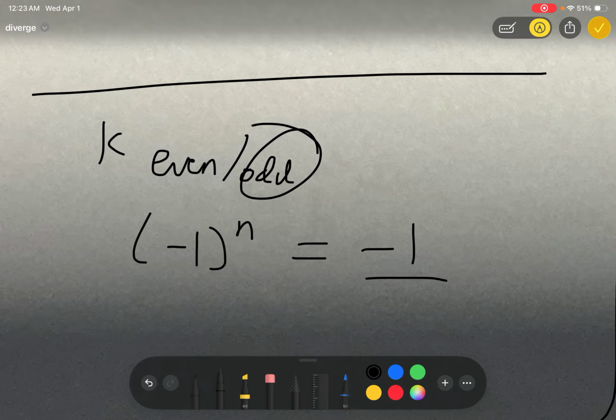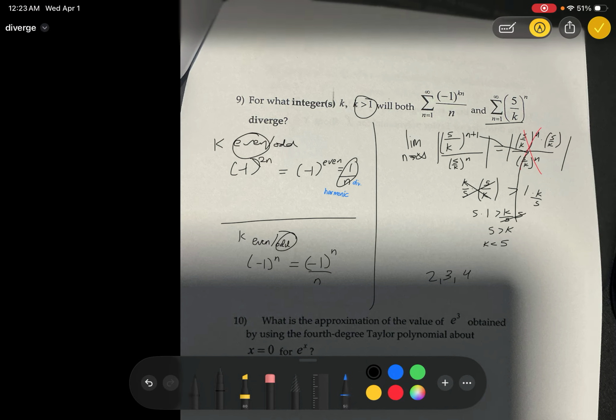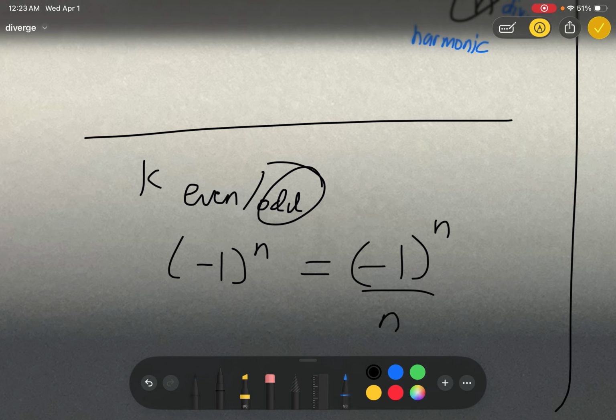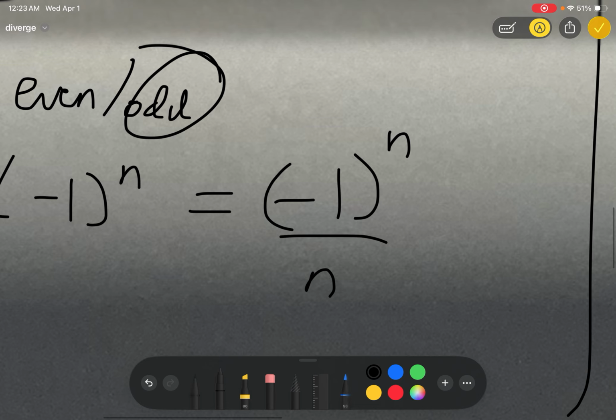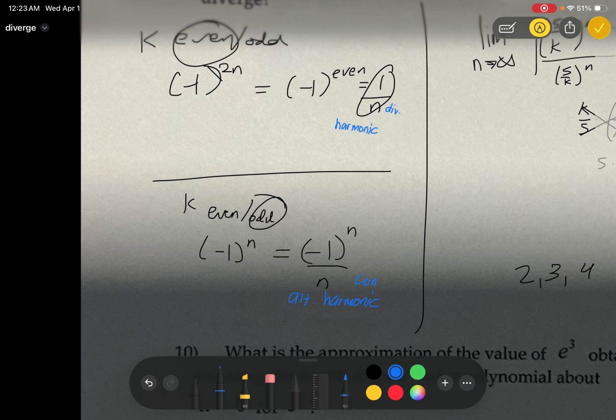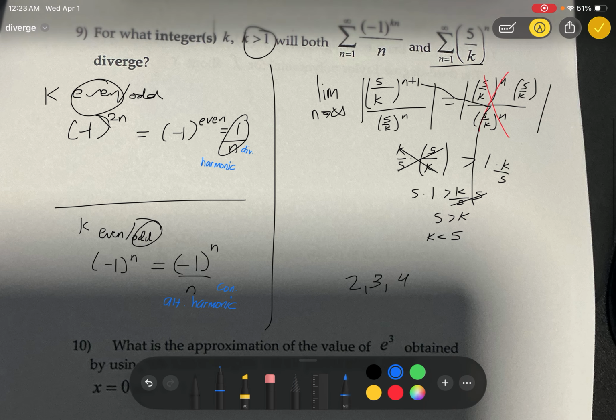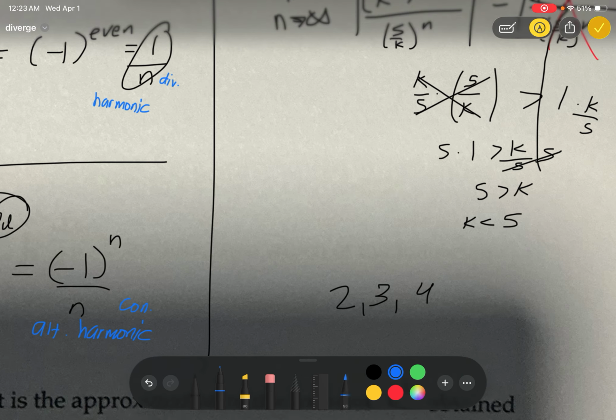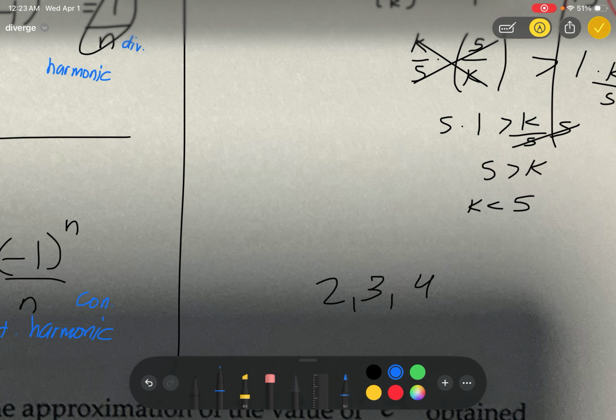So it's going to be negative 1 to the n over n. That's going to make it converge because this is an alternating harmonic series. So when your k is even, and when your k is greater than 1 and less than 5, that's when it diverges. So it's going to be 2 and 4 as your divergence points.